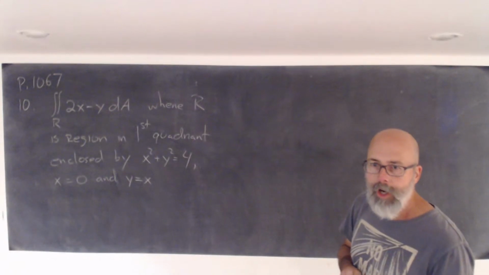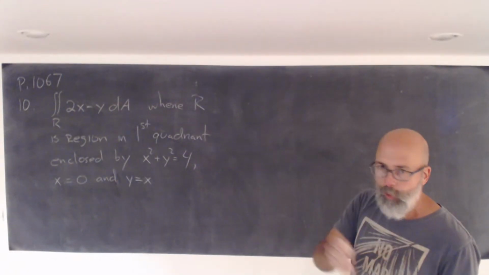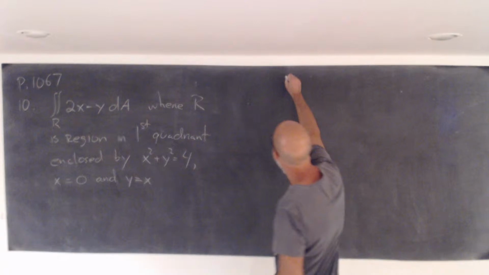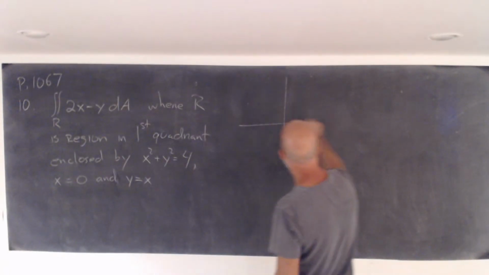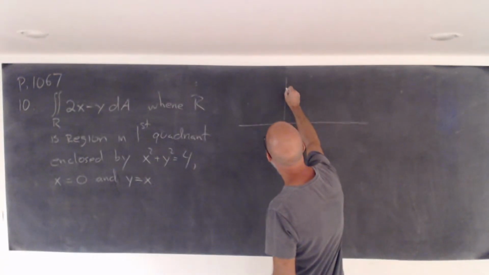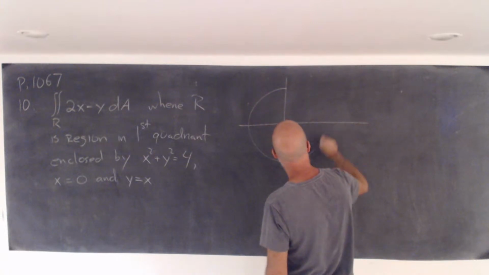x squared plus y squared equal to 4, you know what that is. That's a circle of radius 2 centered at the origin.